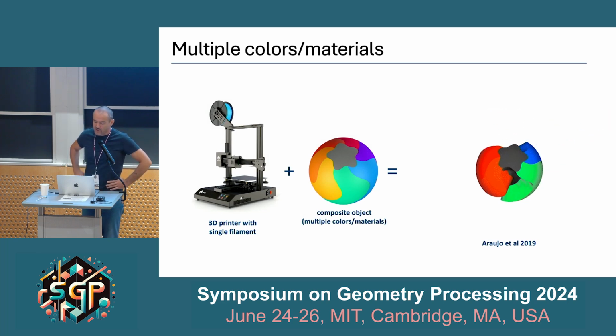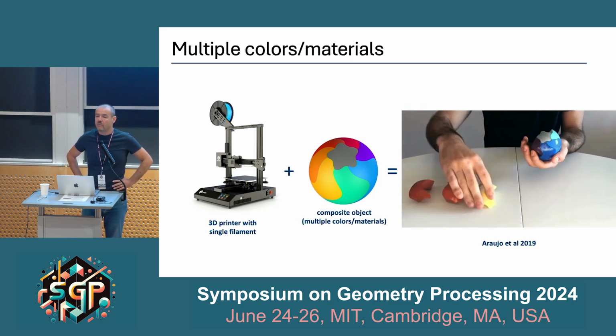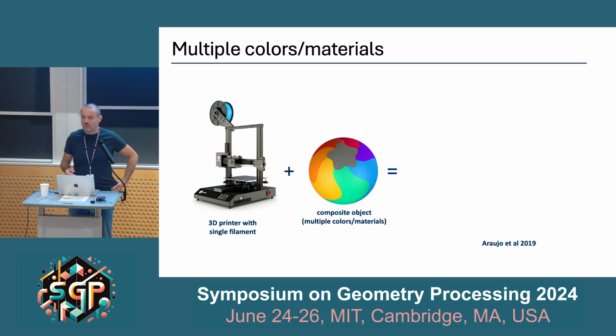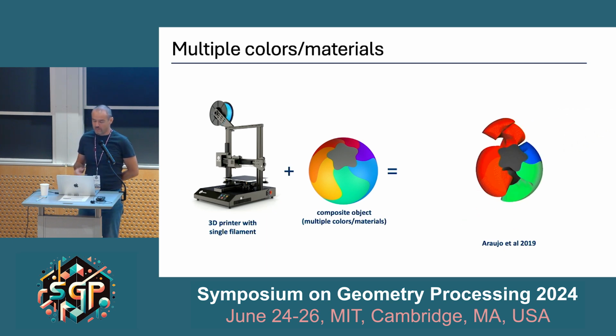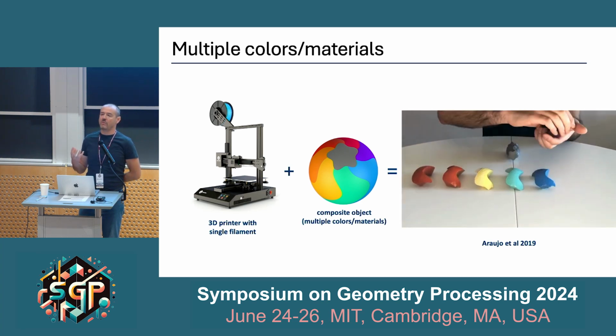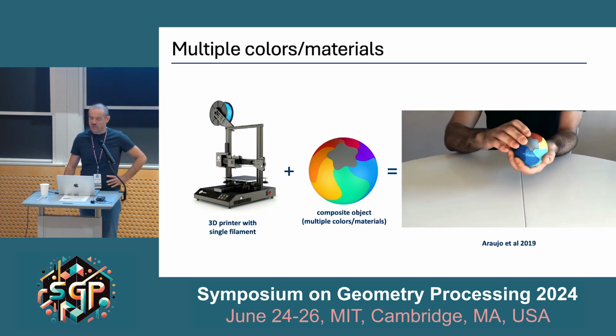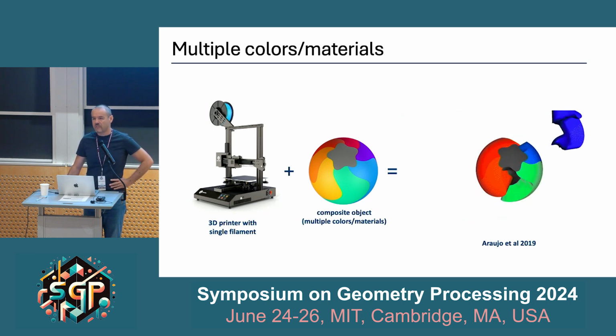Another big limitation is the fact that many low-cost 3D printers can only print using one material at a time. And if you want to use these low-cost 3D printers to produce multi-material objects, such as this one, you might need the geometry to be partitioned into pieces. Each of them must be buildable with a single material.